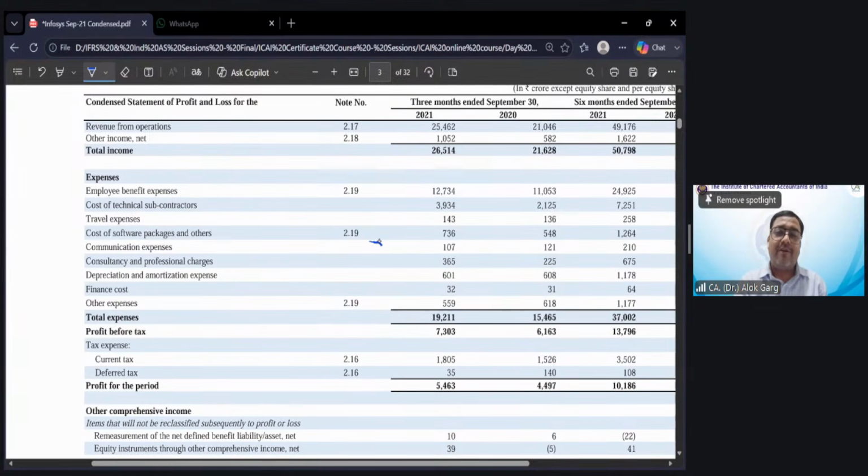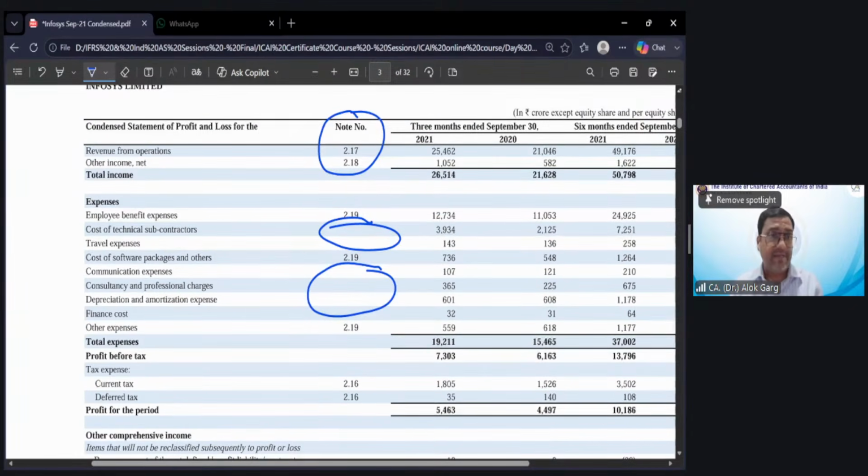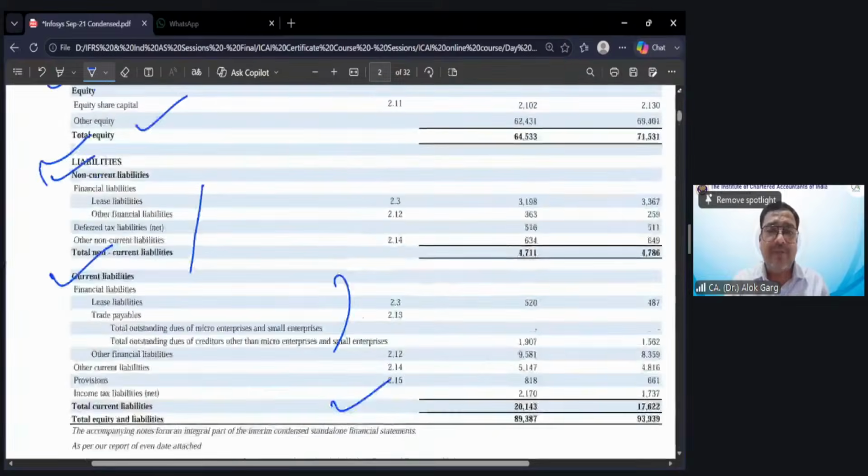You can see that for every line item, the detailed breakup is not given. And even where a breakup is given, the detailed disclosures are not given. So friends, notes to accounts are an integral part of the financial statement. And hence they are only giving some limited notes.